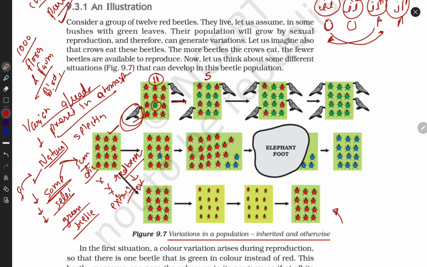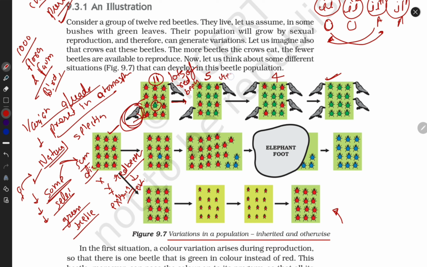But green beetles are accepted more, so they produce offspring. Look at here. Now what is the number of red beetles? 1 or 2 or 3 or 4, and green beetles are still increasing. Here, everywhere is green beetles. Nothing of the red ones, extinct, disappeared. I explain once again. There are lots of red beetles. Now the crow feeds on them.